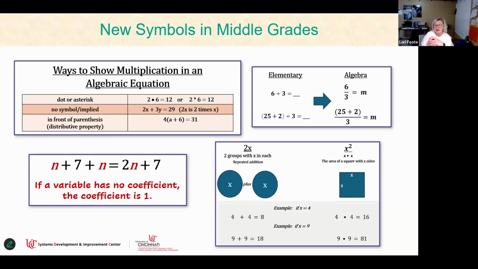So having that communication piece, like when we were talking about the word wall, even sample problems, this is how we're doing it in school, so you can see what we're doing. And how I would explain it to students, even having it written out in words. Sometimes just things like that are so helpful for getting the help we want from home so that you're not having all those tears. I'm very sympathetic to that.